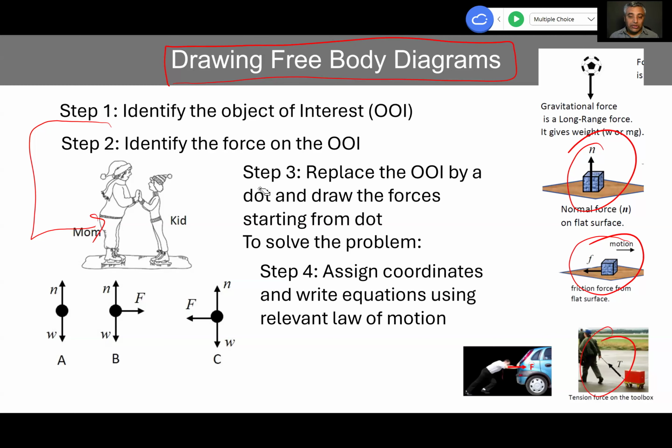But sometimes you may want to look for the motion of both objects, okay? In that case, both of them are your objects of interest, but when you draw a free body diagram, you draw one free body diagram for one object. So if both objects are objects of interest, then you make a free body diagram of both objects separately.